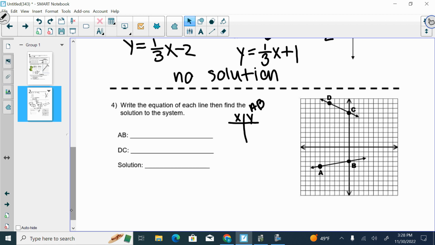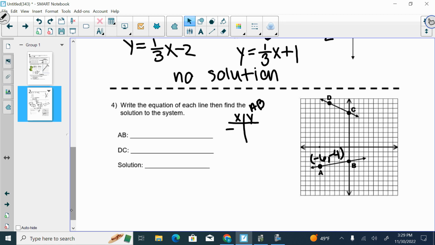Negative -6 gets me to here, and then I have to go down how many? How many? I don't think it's 5. 4. Okay, so this is the coordinate point, -6, -4.